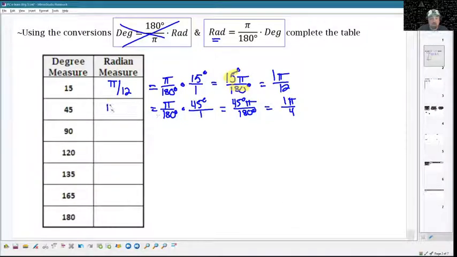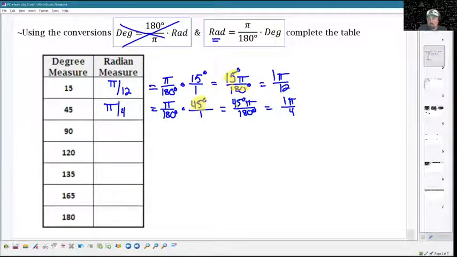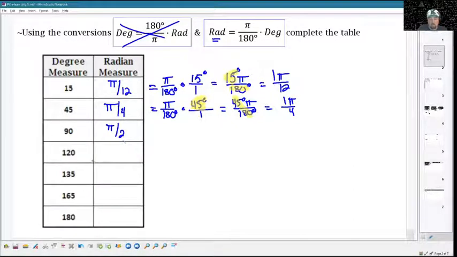So this is pi over 4. Now I'm not going to write this out every time because I really think that you guys probably have this, but the only thing that changes about this setup is that your degrees go up here, they end up in the top, and you just have to simplify that fraction. So with this one, we're going to get 90 over 180, which is 1/2. We get pi over 2.